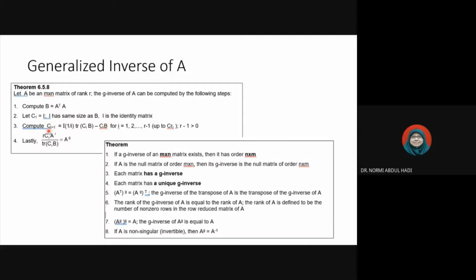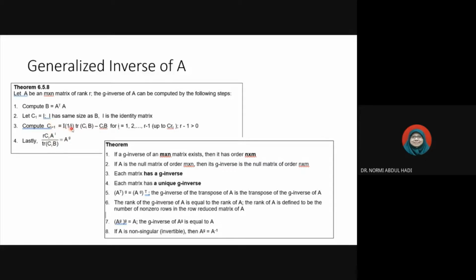For example, if you need to find C2, your i is 1. So this is the identity multiplied with 1 over 1 trace C1B, minus C1B. If you need to find C3, your i is 2 here.